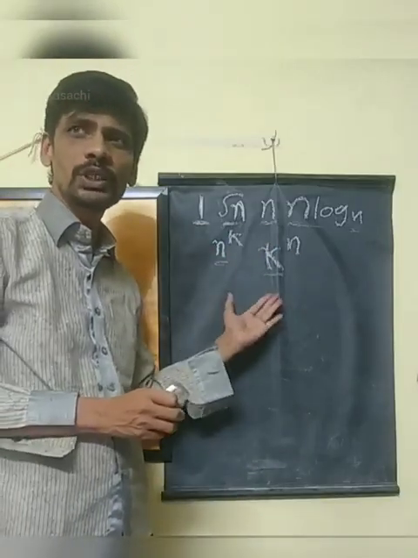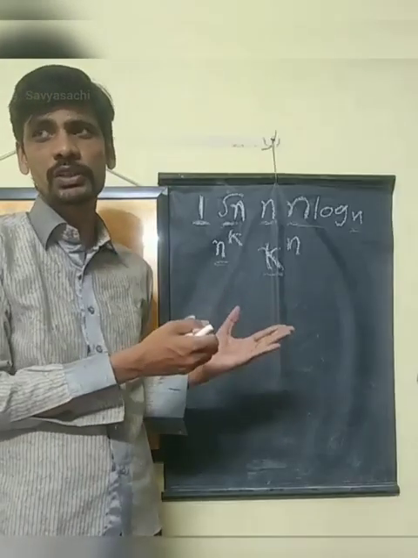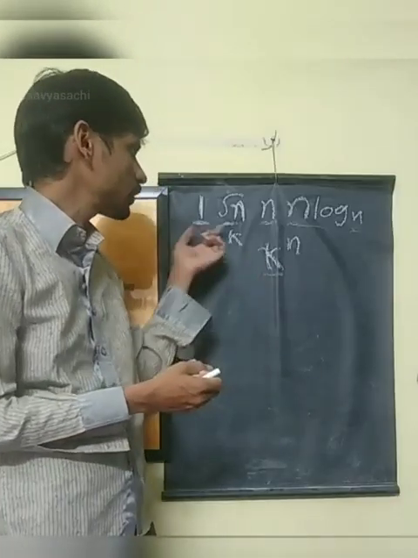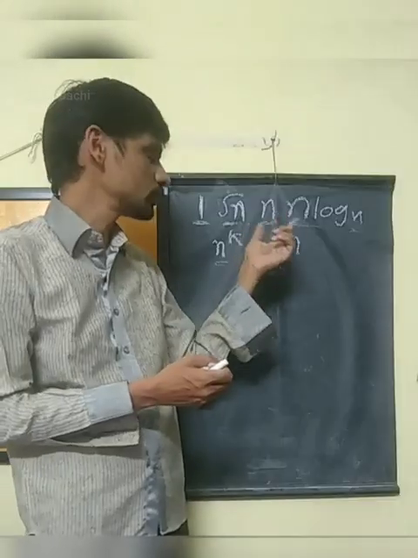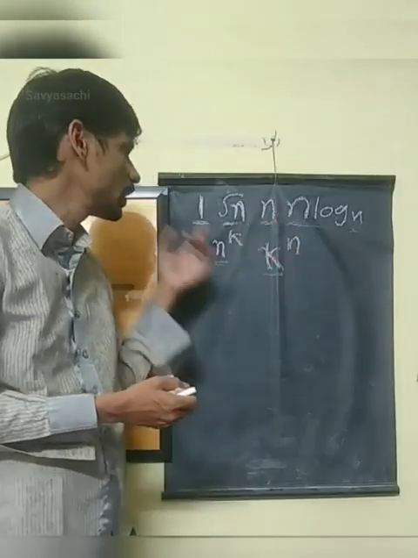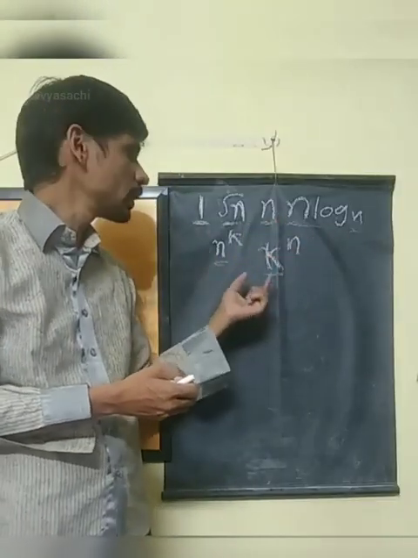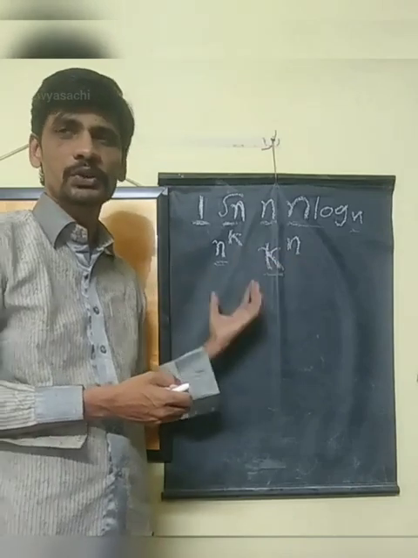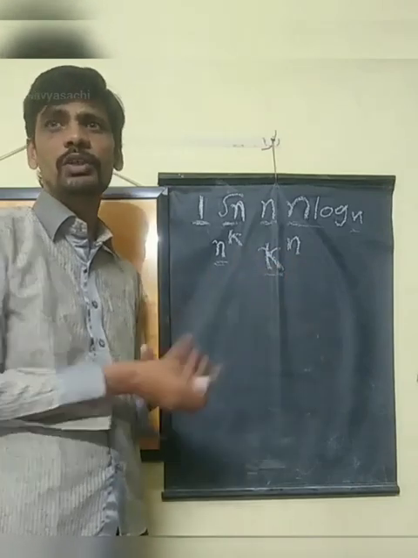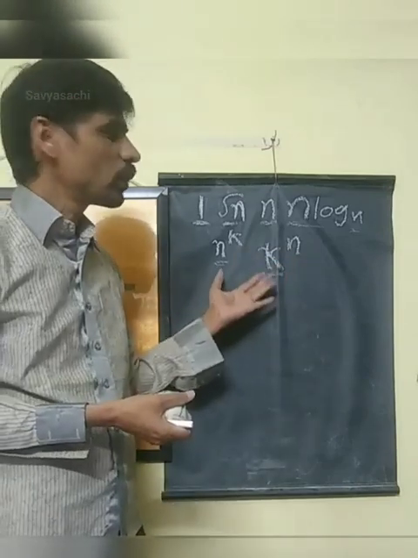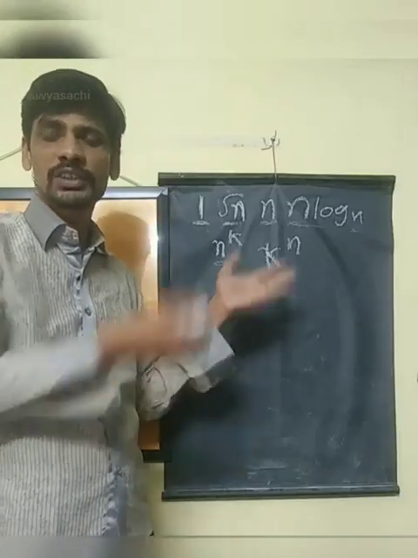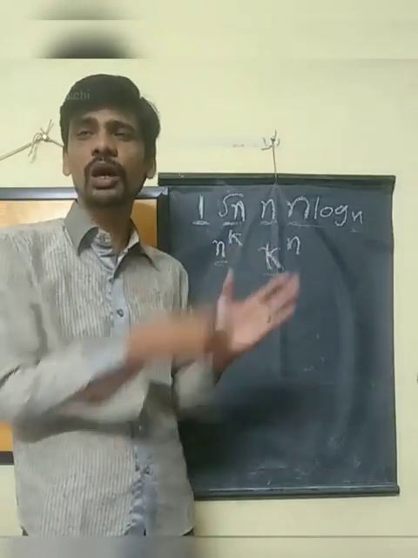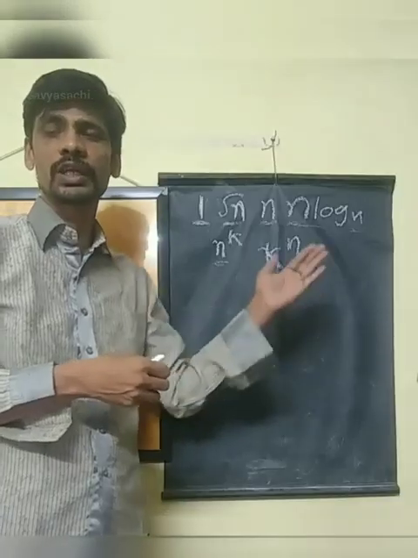So these are mathematical functions: f of x equals root n, f of x equals n, f of x equals n log n, f of x equals n power k, k power n. Why are we learning these mathematical functions and how to draw them in an XY graph?